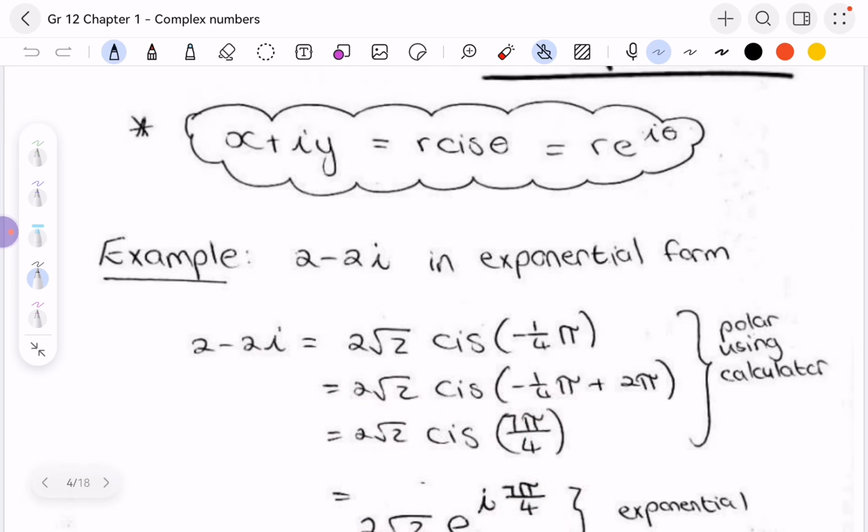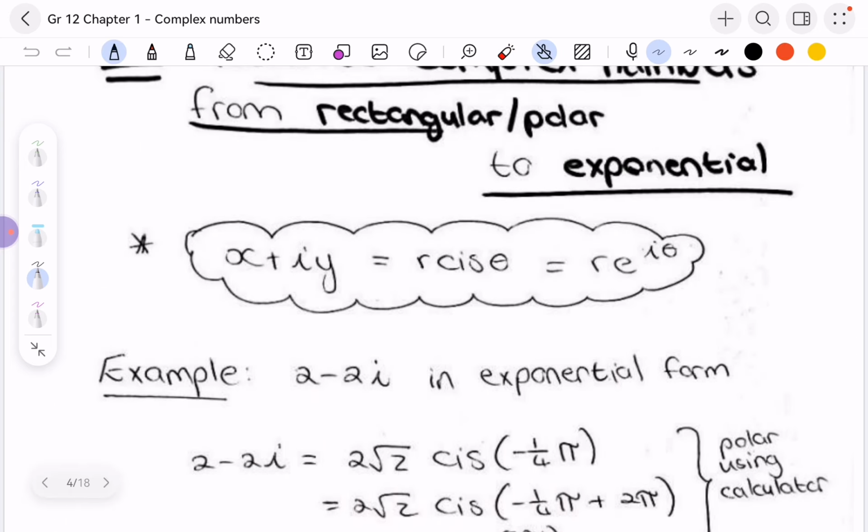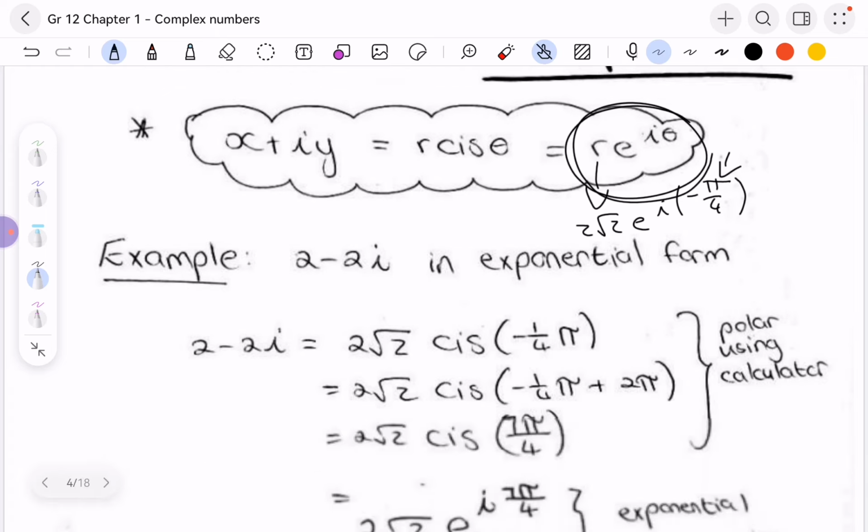Meaning, this is exponential form over here. R I get from the calculator, it tells you 2 square root 2. Theta I get from the calculator, it tells me negative pi over 4. And yes, you can make it positive if you need to, but you do not have to do that.